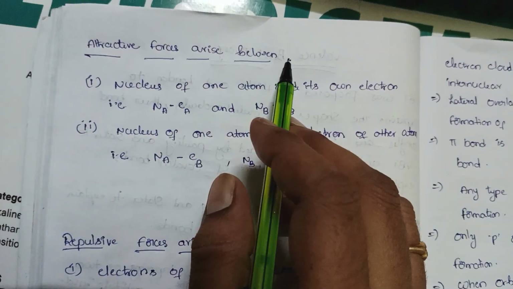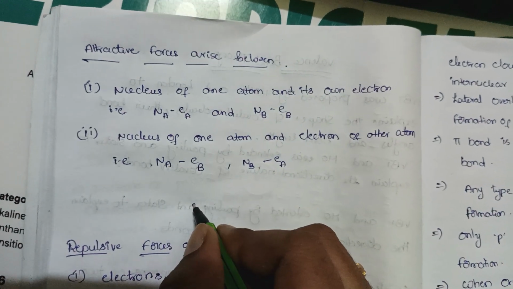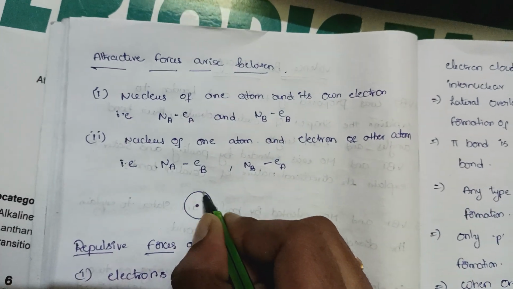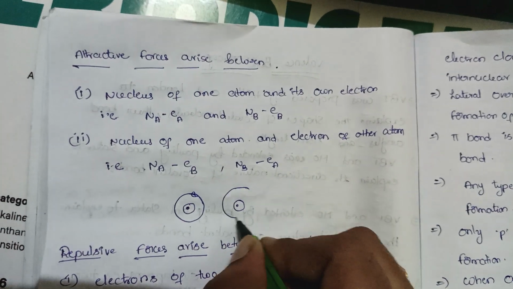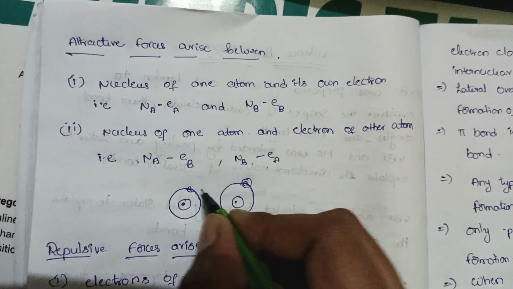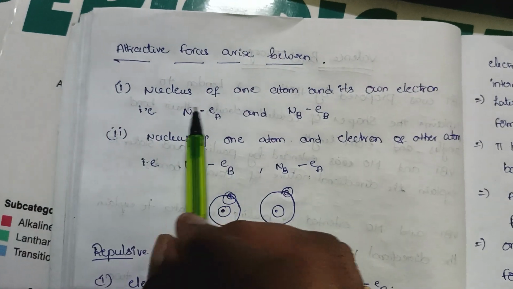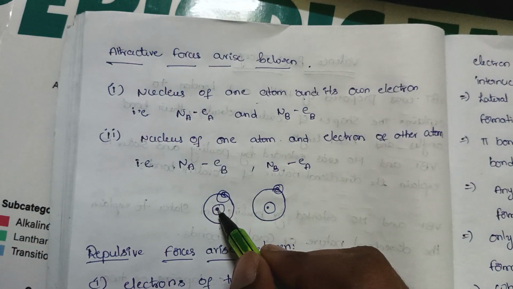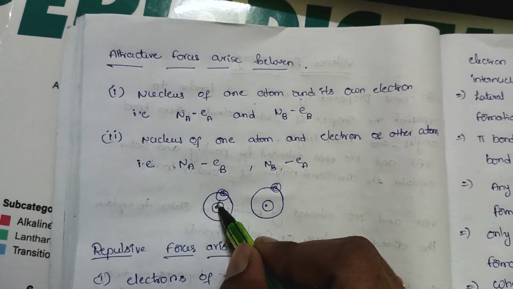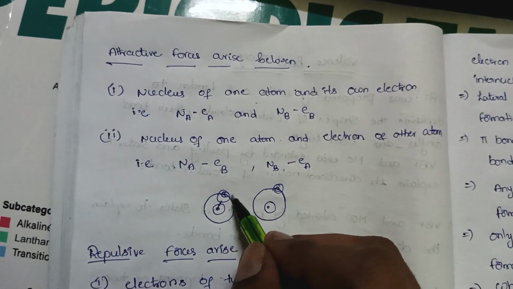Attractive forces arise between the nucleus of one atom and its own electron. See, the nucleus of one atom and its electron, there is attraction between these two.